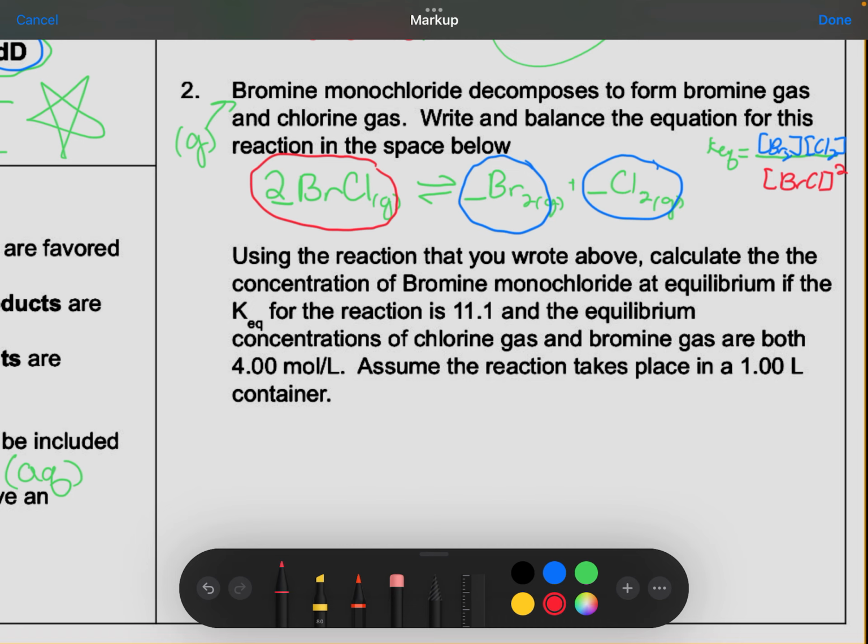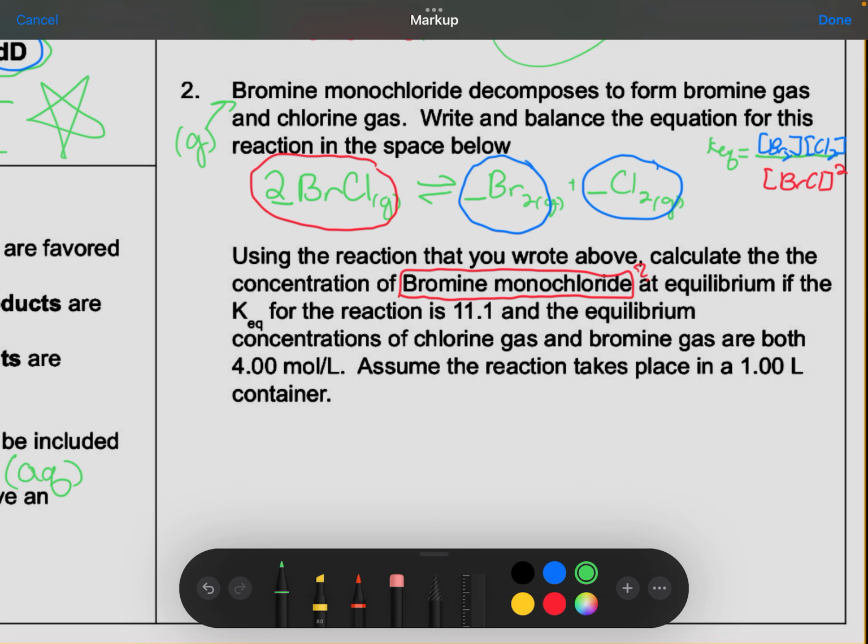Okay, so we're given a lot of information. So the first thing we want to do is figure out what we are being asked to do, and that tells you in the first sentence. It says, using the reaction that you wrote down, calculate the concentration of bromine monochloride. So we do not know the concentration of our reactant, so I'm going to put a little question mark next to it.